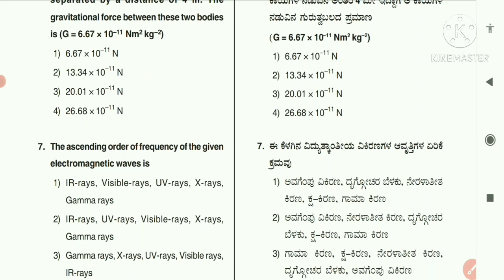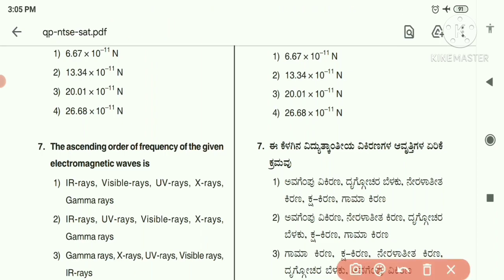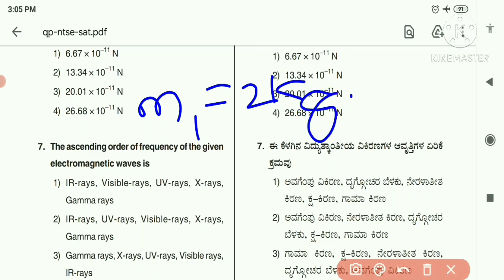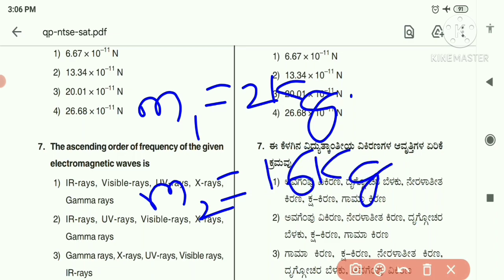Here it is given, so we can write this in a formula. So the solution is there. M1 is equal to 2 kg, given. Now M2 is equal to 16 kg. R is equal to 4 meter.